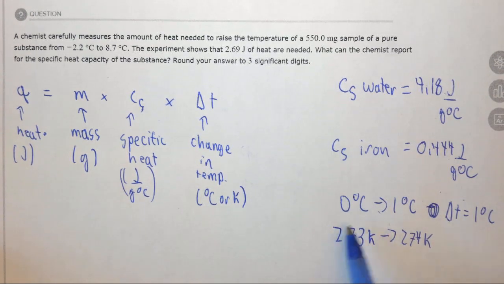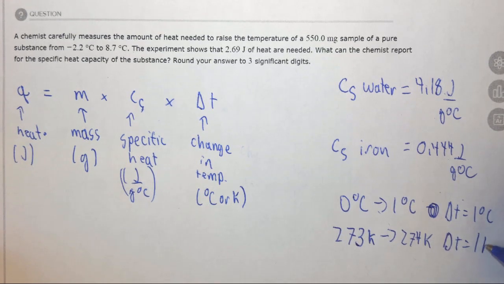I left out the 0.15, so I didn't add 273.15, but just 273. So anyway, 0 degrees C is 273 K, 1 degree C is 274 K. The change in temperature here equals 1 K. Said another way, the magnitude of change, 1 degree C and 1 K, are exactly the same. So your temperature change can be in C or K.